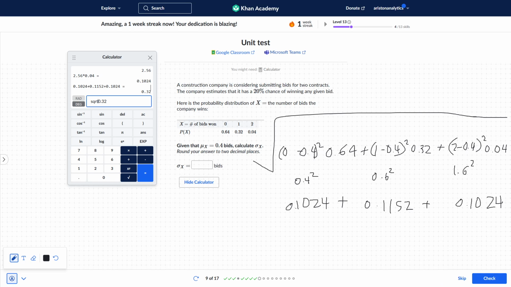Let me square root this. And that should be the standard deviation.